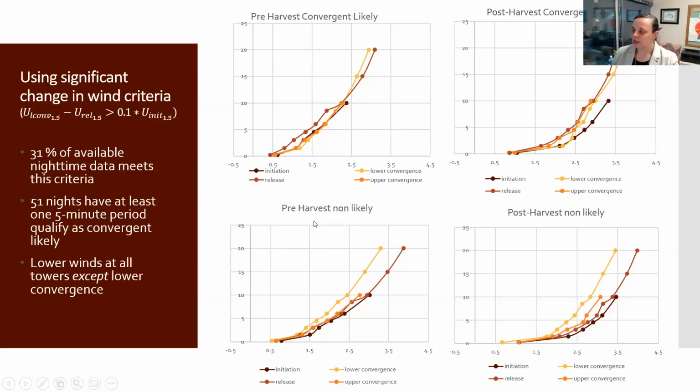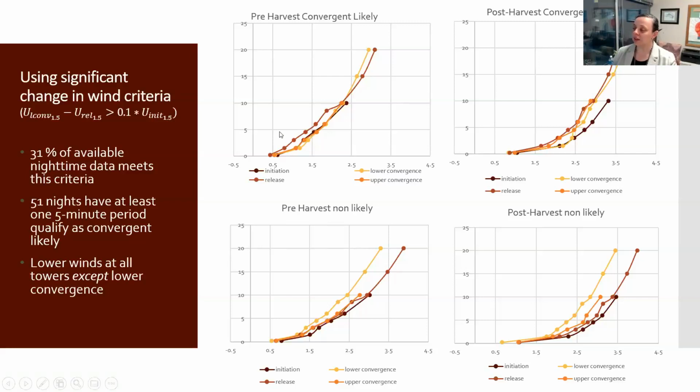So a couple of things to note is that in the non-likely conditions, we see a bigger change at the higher levels above the ground surface, as you move down the tower, with the slowest winds being down the gully, at the bottom of the gully, and the fastest winds being at the initiation tower.